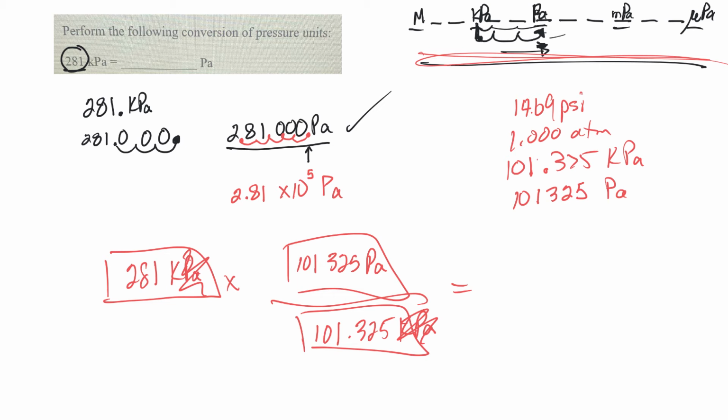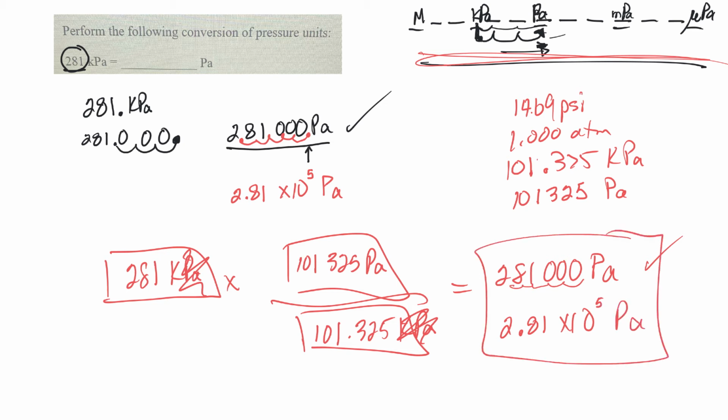You'll find if you multiply and divide that, you're going to come up with 281,000 pascals. But similar with this one, you can convert it to scientific notation. Leave it like that, it's perfect. In scientific notation, it'd be 2.81 times 10 to the, and you're moving over 1, 2, 3, 4, 5, so 5 pascals. Both those numbers the same.